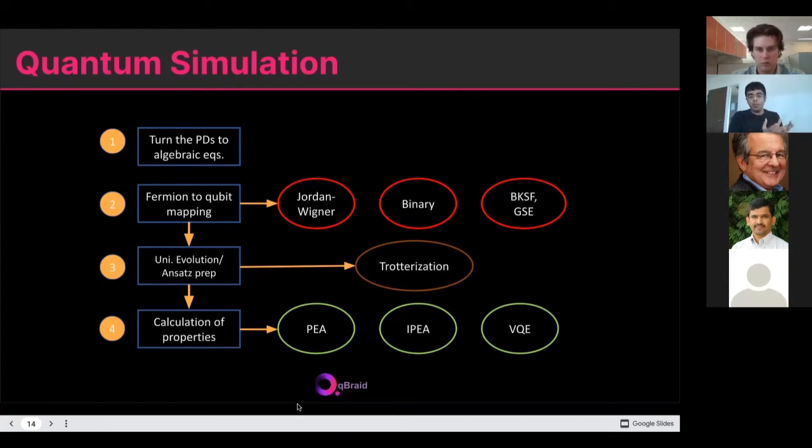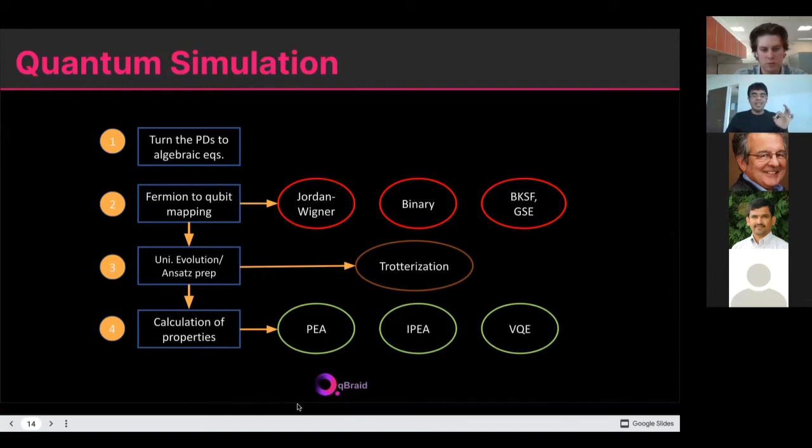So you start from your partial differential equations, and then you discretize them. And if you're a little bit familiar with the world of quantum mechanics, then you know these electrons are fermions, which means these are indistinguishable particles, which are very different from your qubits.